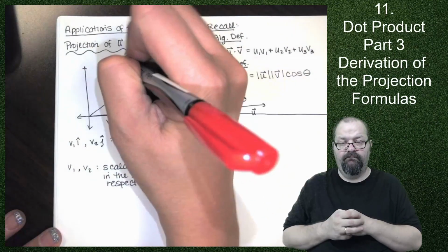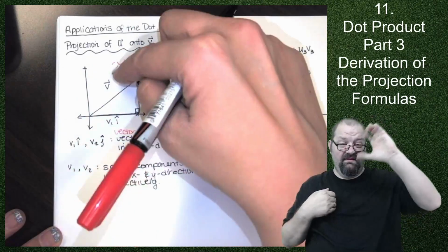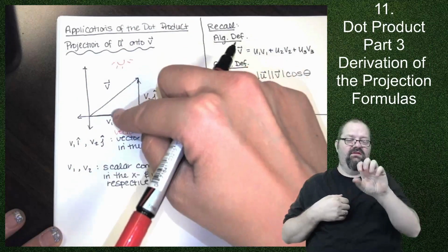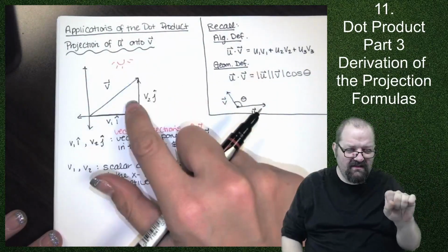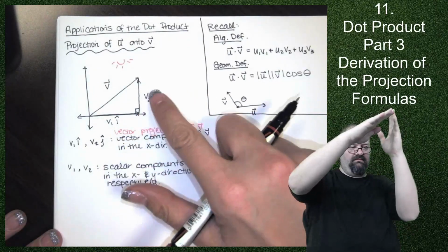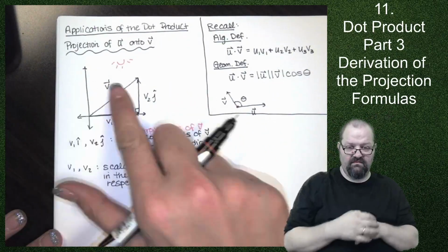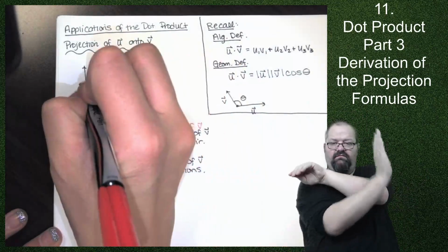It's almost as if you've got like a sun up here, and you're saying, okay, well, what's the shadow going down from the sun onto the x-axis if the sun is above v up here? Well, then we're going to see this. Or if the sun was over here, the shadow that v would cast on the y-axis, that's this vector.